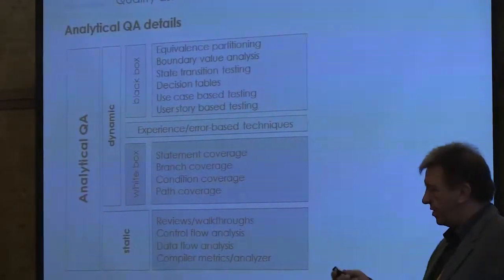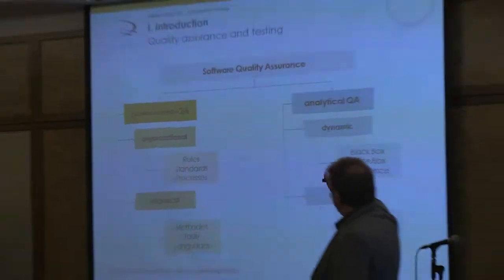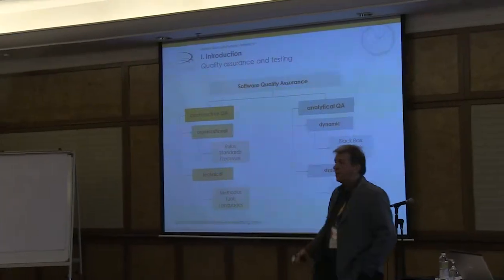I put the analytical part of the software quality assurance, that is the right-hand side, the blue part of this picture, into a more detailed picture here. And there you see the dynamic and static testing areas. You see what we usually talk about when we talk about dynamic and static testing.